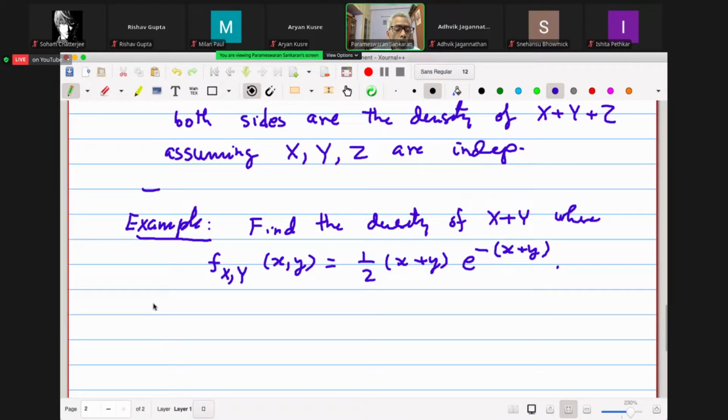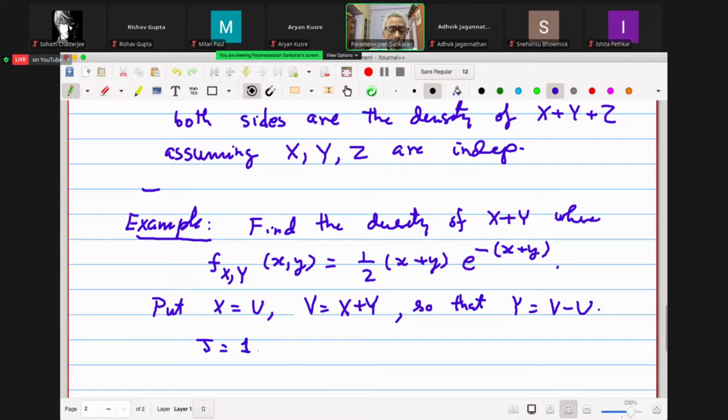So put x equal to u, and we call v equal to x plus y. Although we can use an algorithm and so on, it's better to do these things separately. So y is equal to v minus u, and the Jacobian of course is 1.